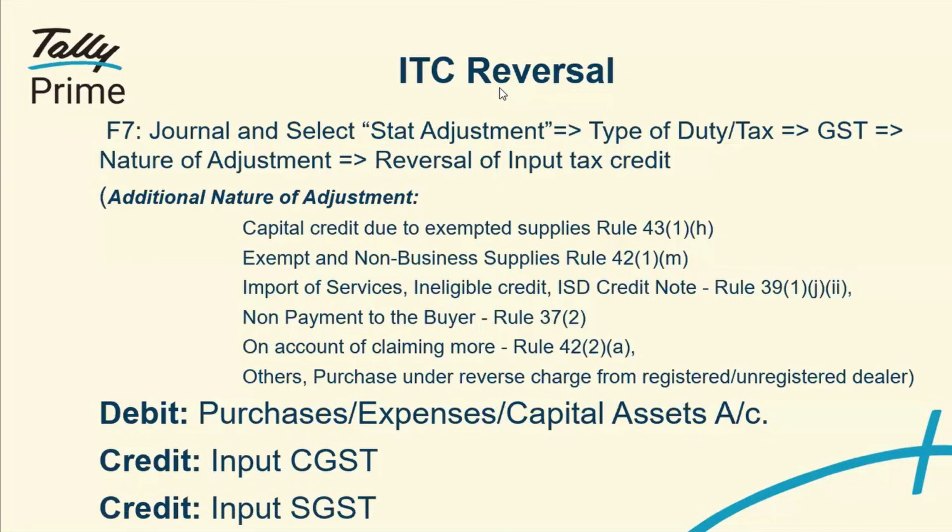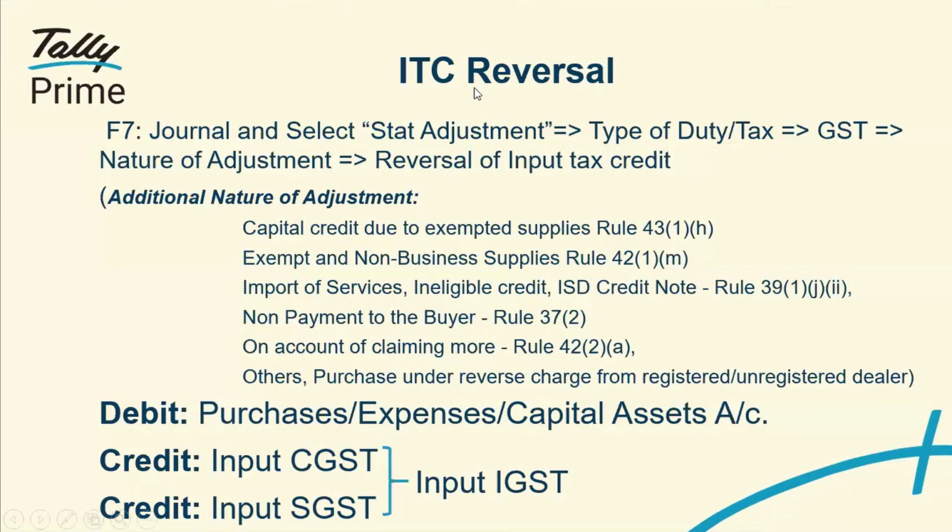If it is intrastate supplies, I need to credit the input CGST and SGST, or if it is interstate supplies, I need to credit the input IGST. This is the accounting entry. I need to select the relevant category of adjustment. Then Tally will take care of it.